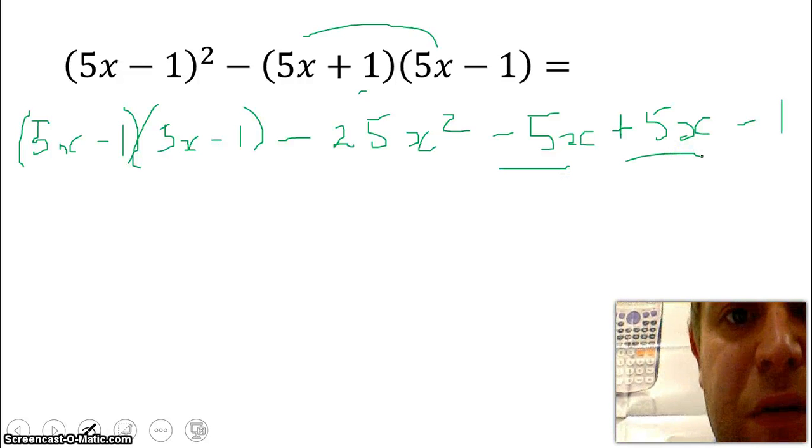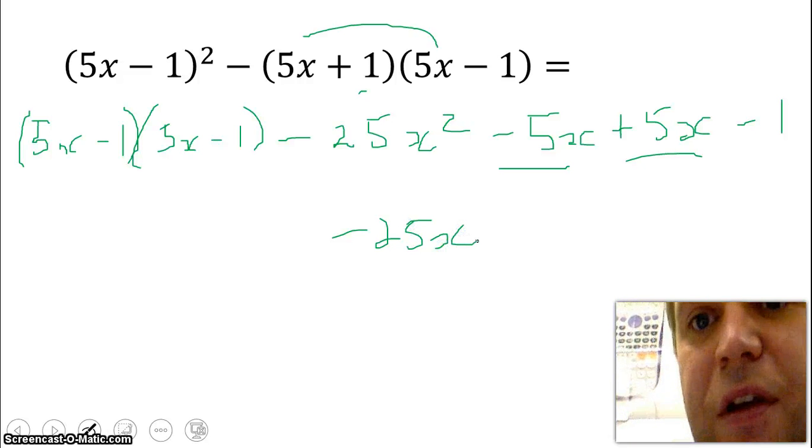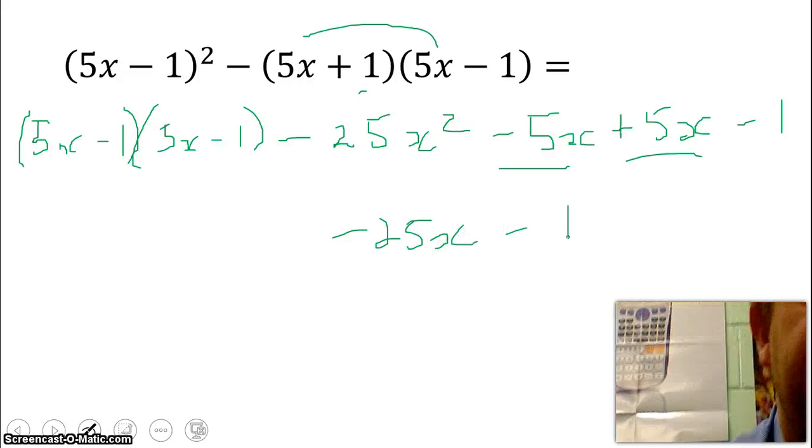Let's tidy up this part first. The 5x terms cancel each other out.